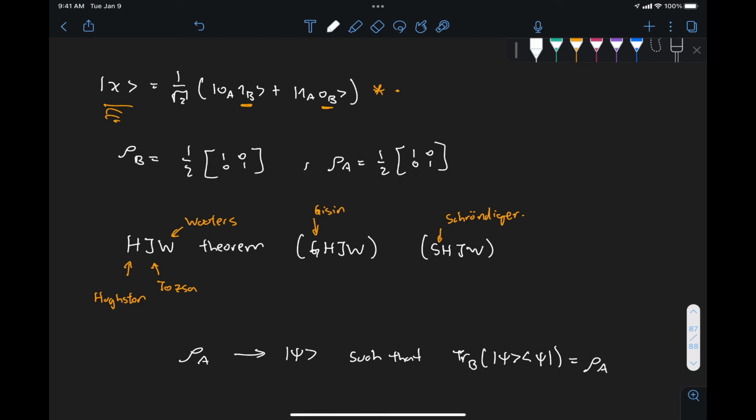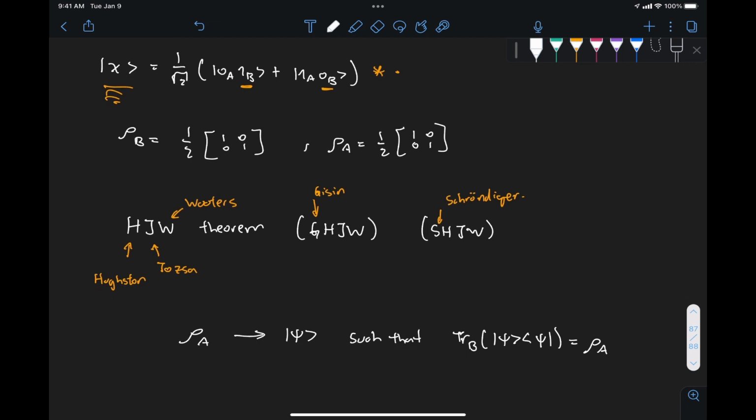And what the HJW theorem tells us is that there are multiple states psi that will result in this density matrix rho sub a. And it also shows how they are related to each other. So this is another way in which this density matrix representation is ambiguous, but again, it's very closely related to the one we described with ensembles. So this is clearly something very important to keep in mind when dealing with density matrices.